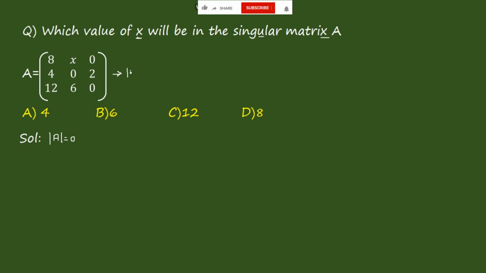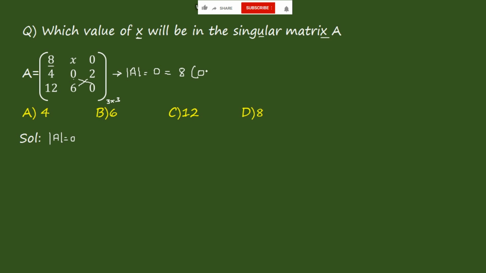Then determinant of A is equal to 0, which is equal to the determinant. It's a 3 cross 3 matrix. So we consider the first term. It's 8 into the 2 by 2 matrix. Cross multiply these two.